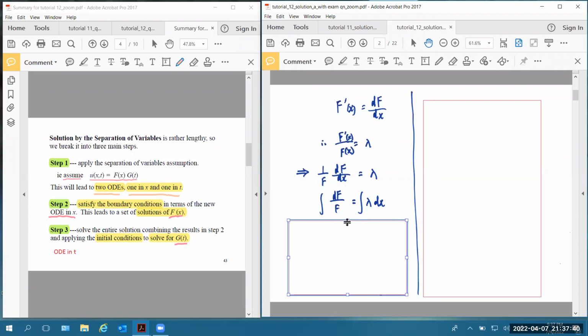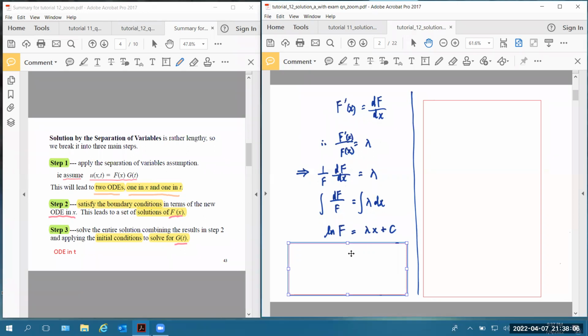What does that give us there? Wow, it actually gives us this ln f. Your left hand side here actually is the ln f. Then your lambda dx integrate there. Lambda is a constant, so basically it's dx integrate. So that will give you your x, plus constant. Is it okay?